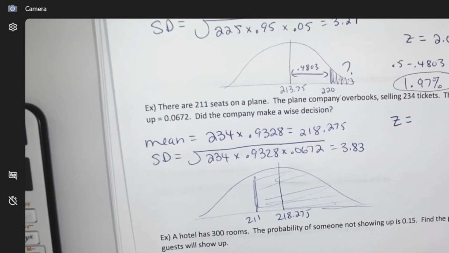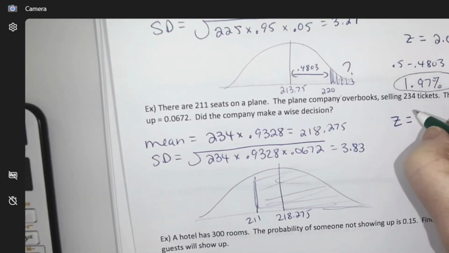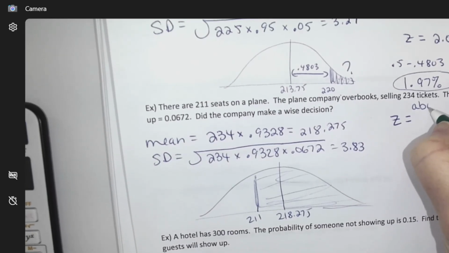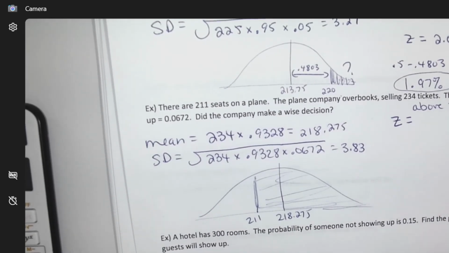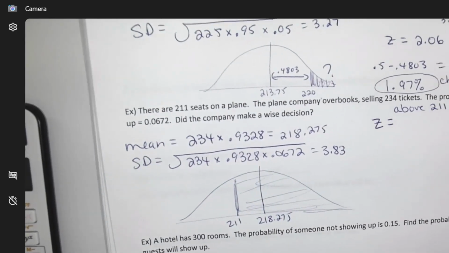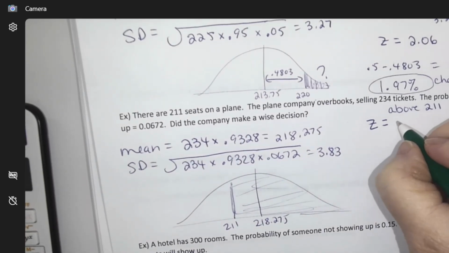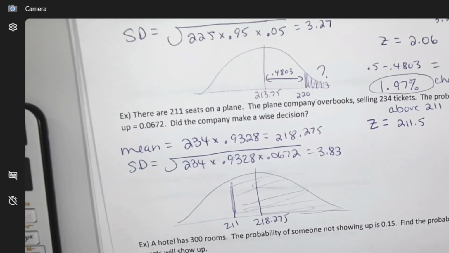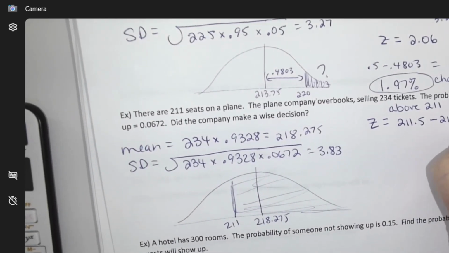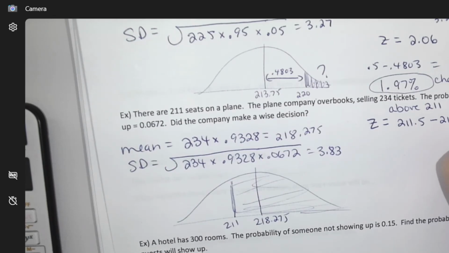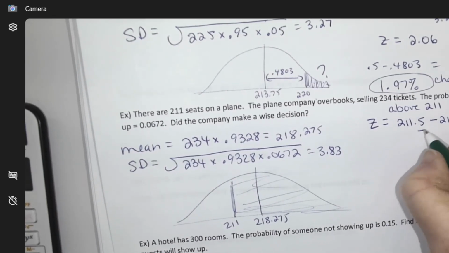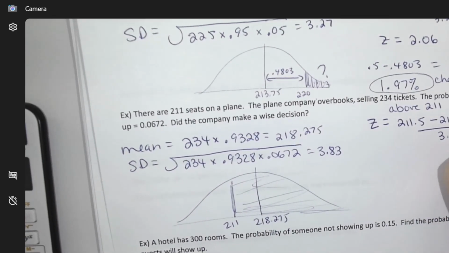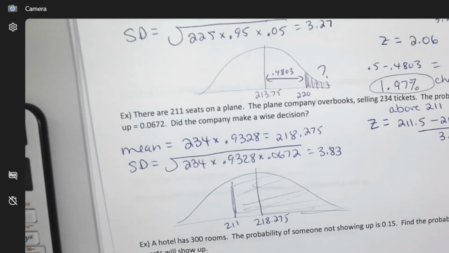I'm worried about being above 211, so I'm going to use 211.5 minus the mean over the standard deviation. That formula is on your sheet again.